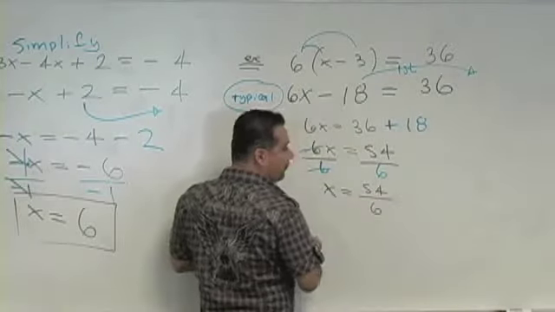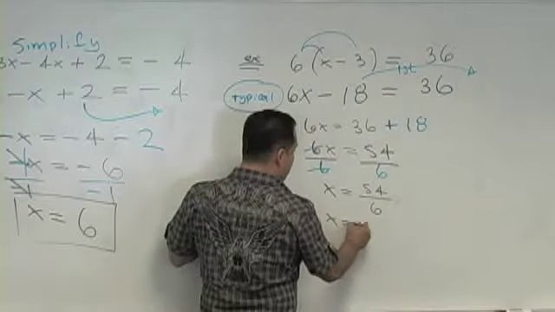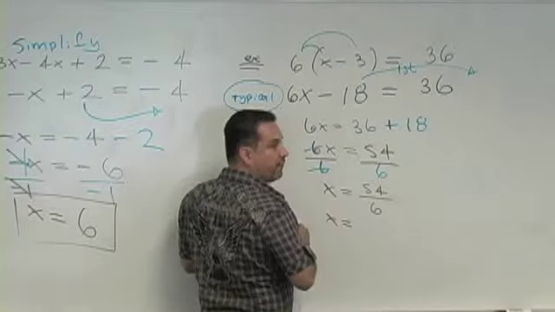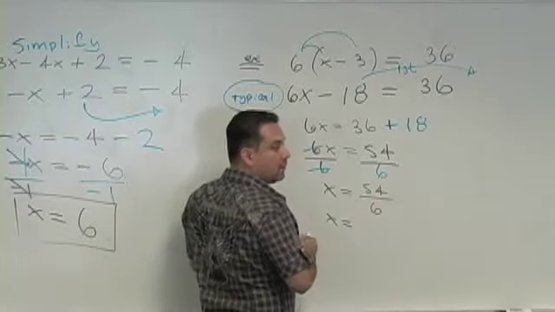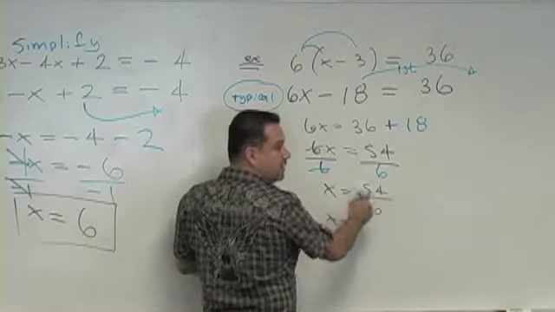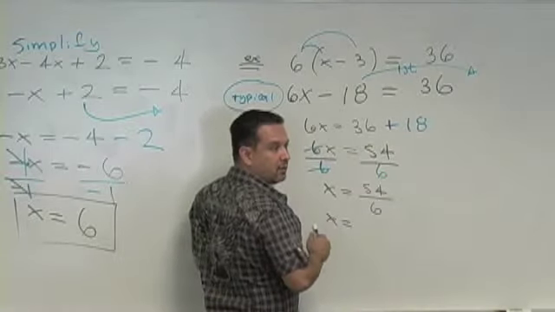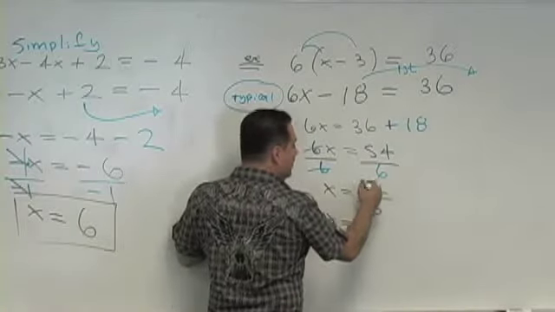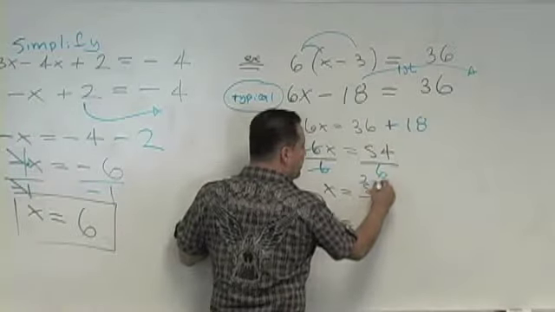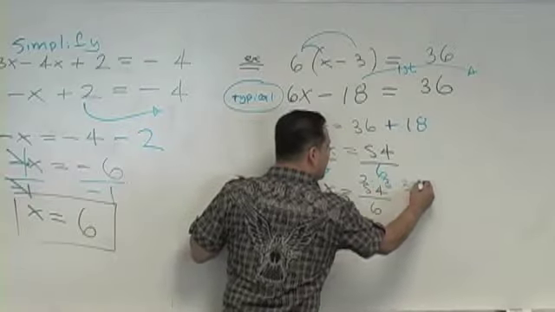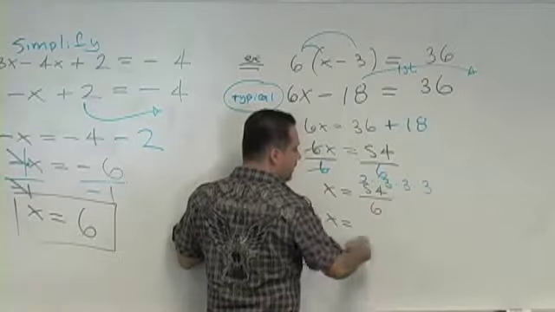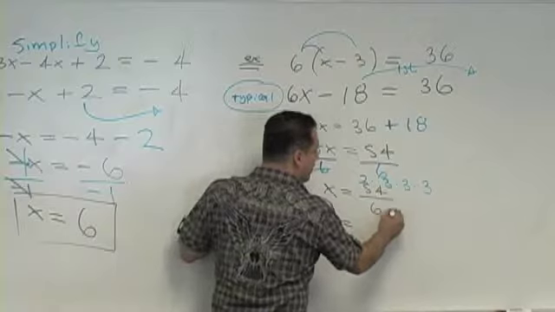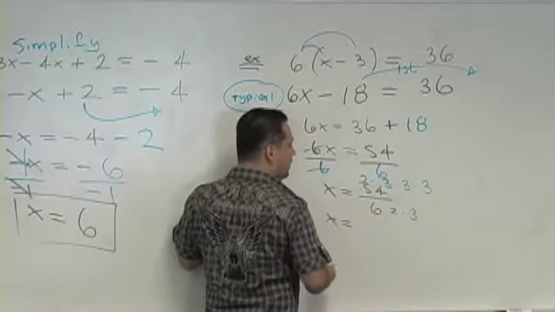How do you guys factor 54? Do you guys know what 54 factored is? Isn't it 2 times 27? And how do you write 27? 3 times 3 times 3? Yeah. How do you write 6? 2 times 3.